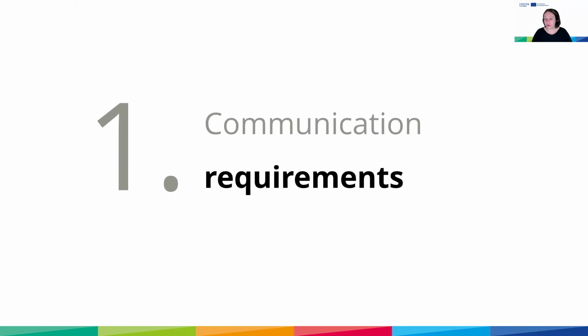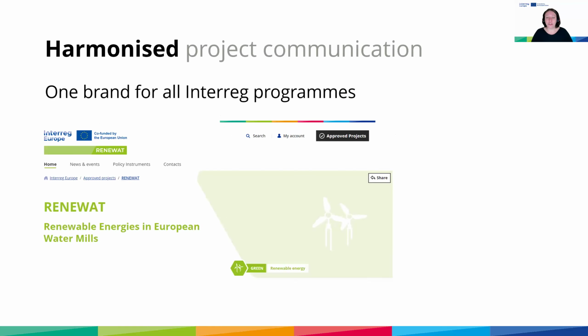Before we launch into today's topic, I wanted to take this opportunity to remind everyone about the communication requirements around Interreg Europe projects. So let's dive in. We generally have two principles. The first principle is the idea of harmonized project communication. What does that mean? That means that Interreg Europe follows the branding principles of all other Interreg programs.